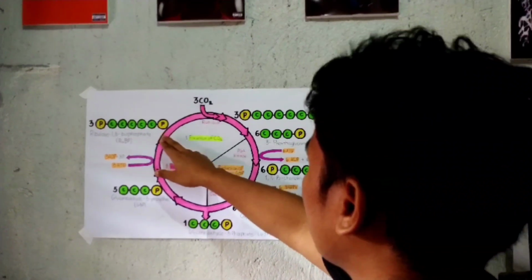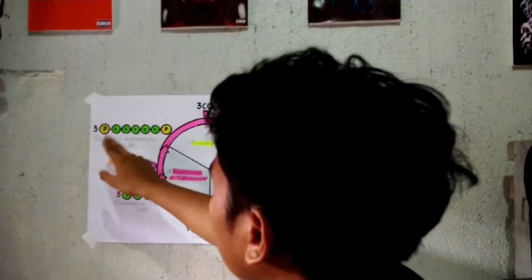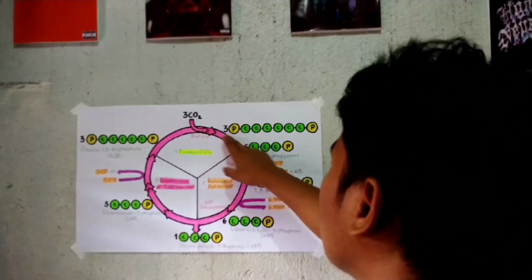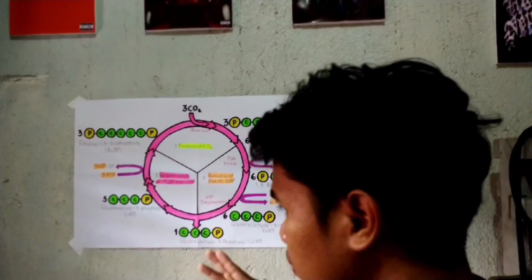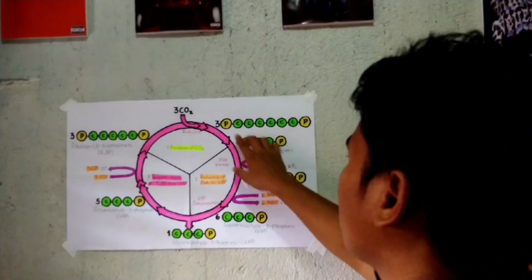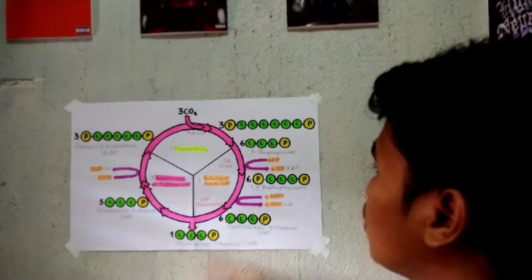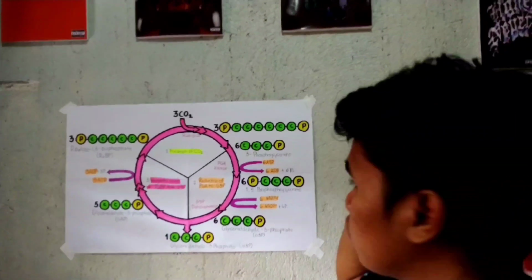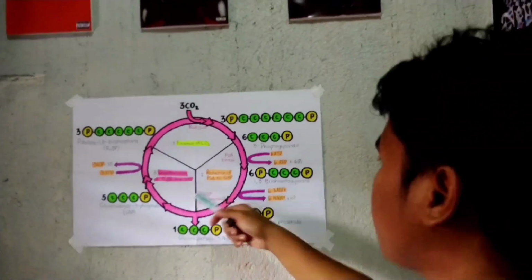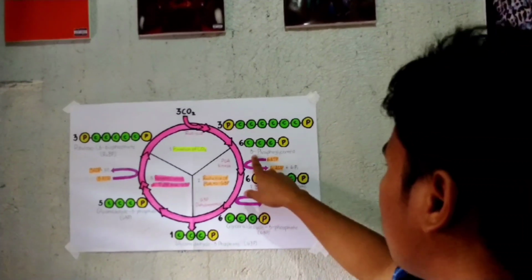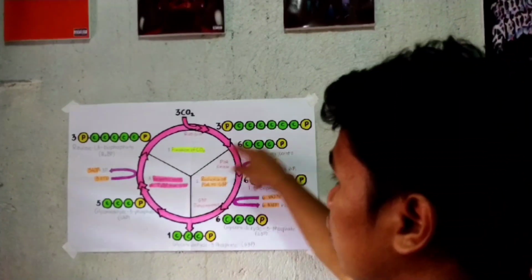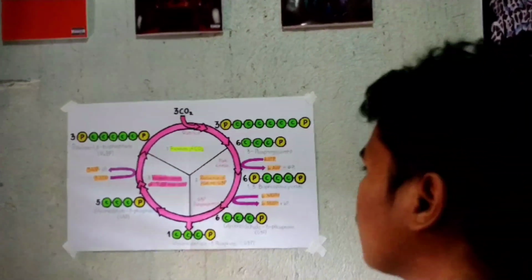When ribulose 1,5-bisphosphate reacts with the carbon that enters the process, it will initially form a 6-carbon compound that carries 2 phosphate groups, and this will be divided into 3. So 18 divided by 3 results in 6 PGA, or 6 3-phosphoglycerate. That is what happens in the fixation of CO2.